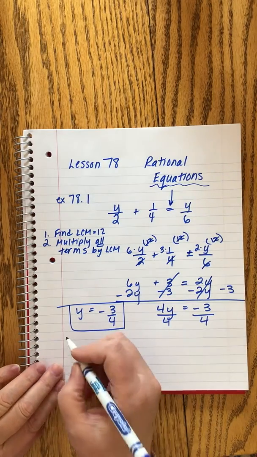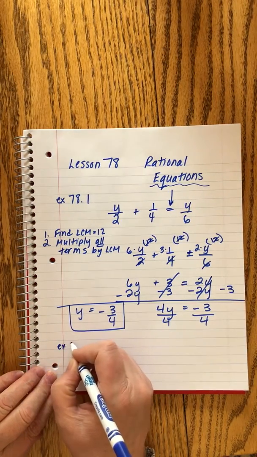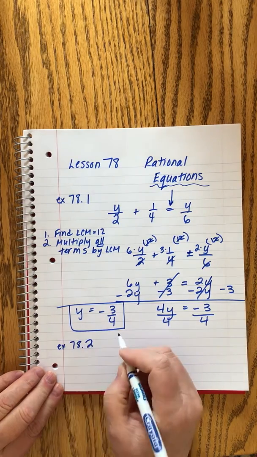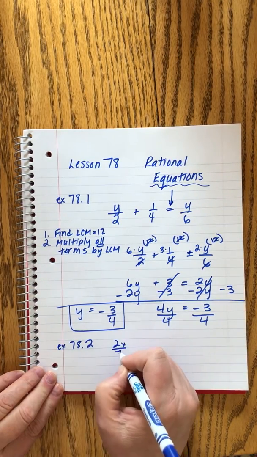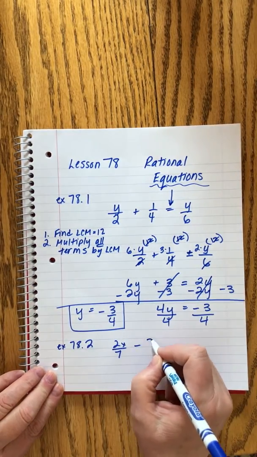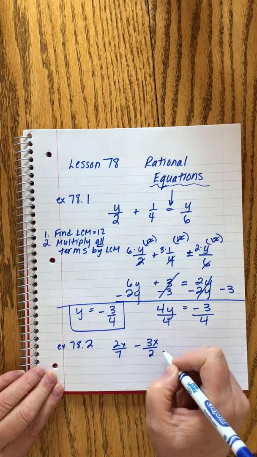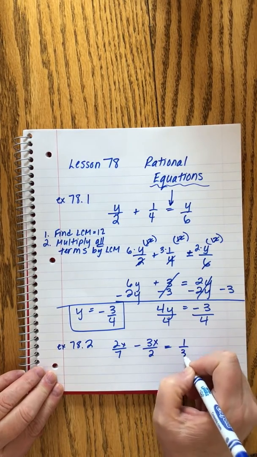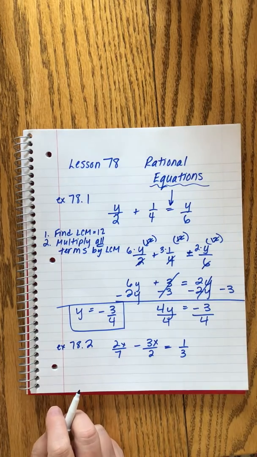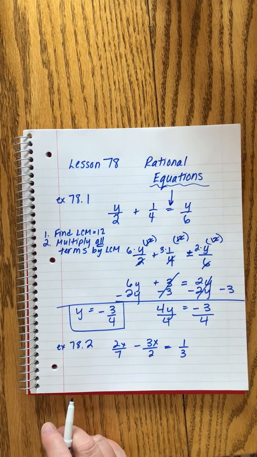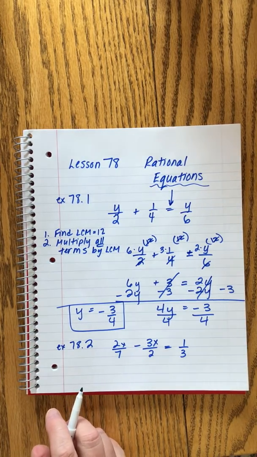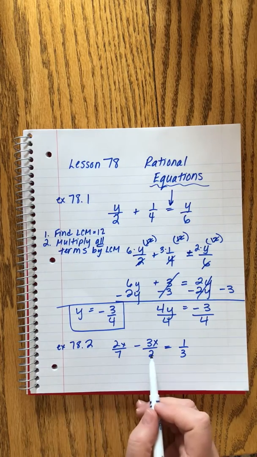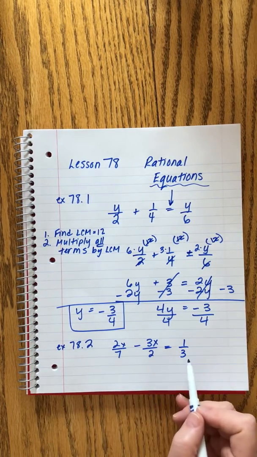Let's try another one. Example 78.2. 2x over 7 minus 3x over 2 equals 1/3.